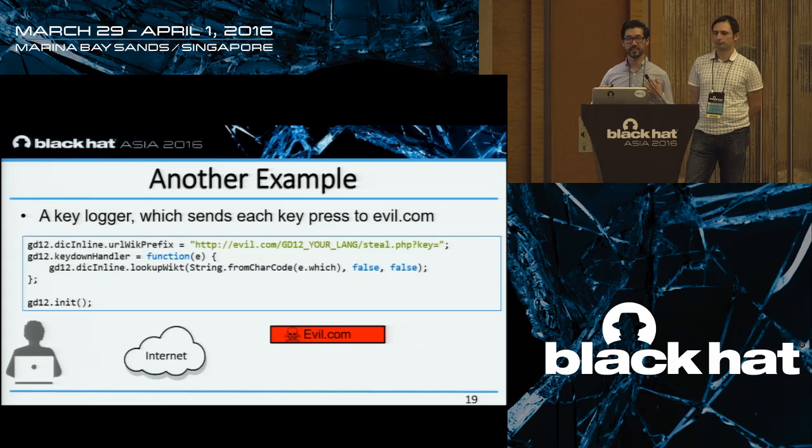So here, this is an extension that provides a dictionary or Wiktionary lookup service, and the malicious extension is simply going to reach out to some property defined in this vulnerable extension and set it to an attacker-controlled URL, and then register a key press event handler that is going to get invoked every time a key press event is created, and then send the corresponding key to the attacker. So maybe not the most efficient way to implement this attack, but it kind of gets the point across. So exactly, sending a bunch of keystrokes to evil.com.